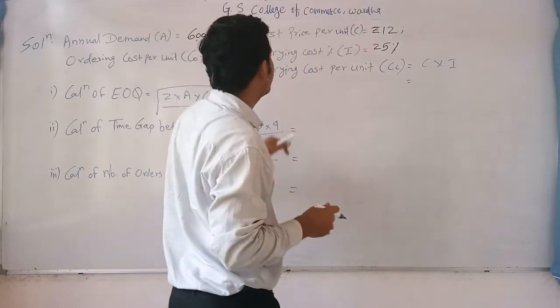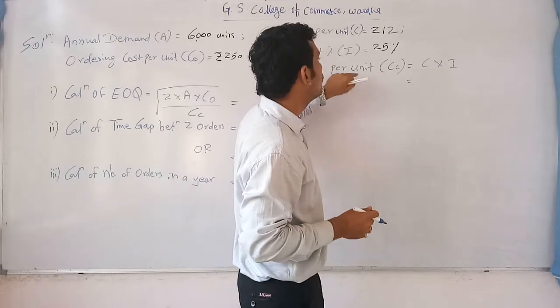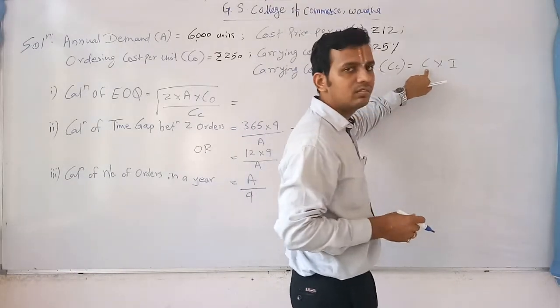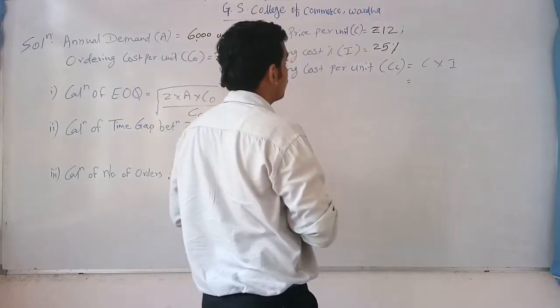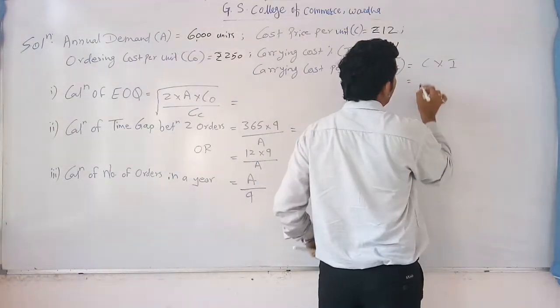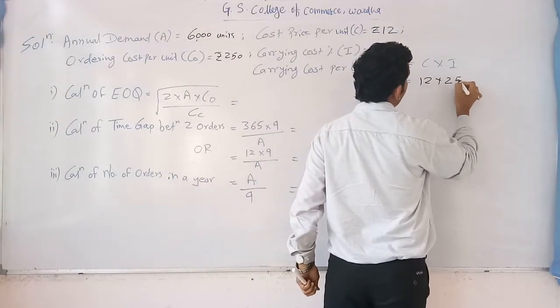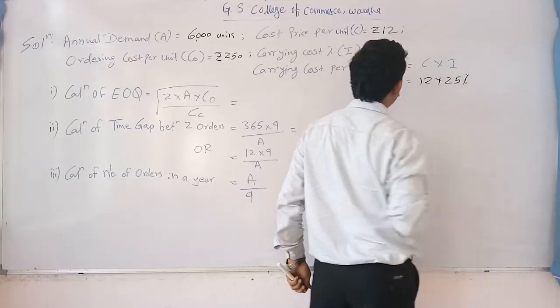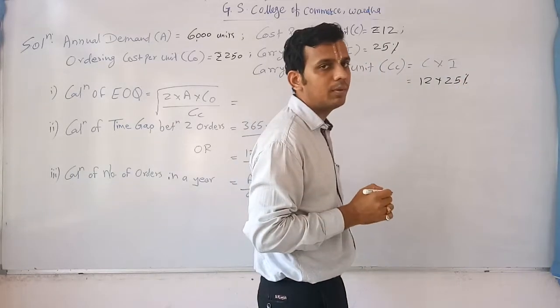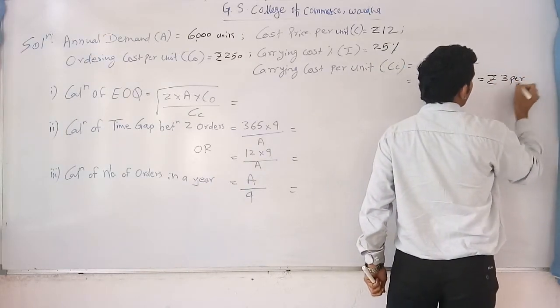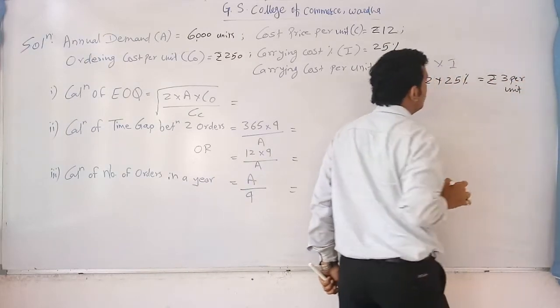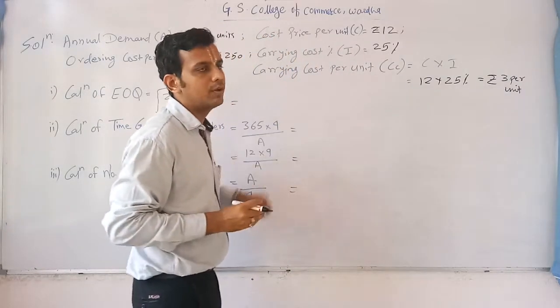So the formula for calculating carrying cost per unit would be C multiplied by I. C is our cost price, that was ₹12, multiplied by I, which is 25%. 12 multiplied by 25% would be ₹3 per unit. This is our carrying cost per unit.